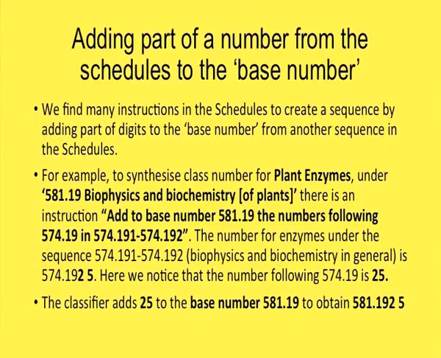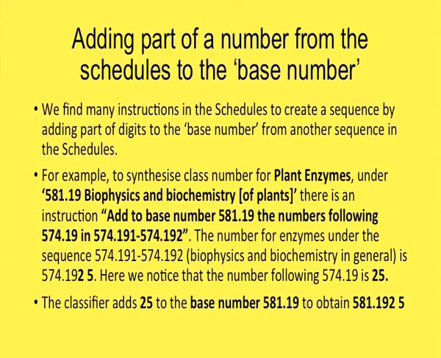First we take up the case when we are instructed to add only part of the number to the base number. We find many instructions in the schedules to create a sequence by adding a part of digits from another sequence in the schedules to the base number.